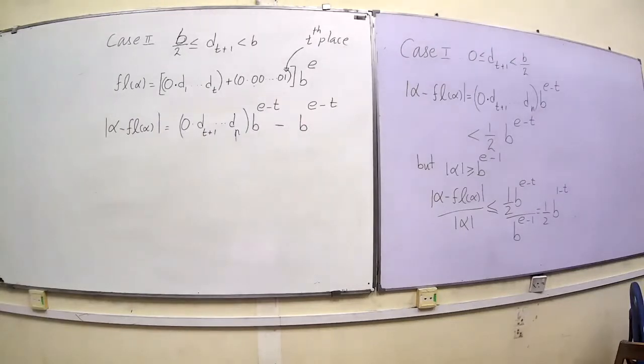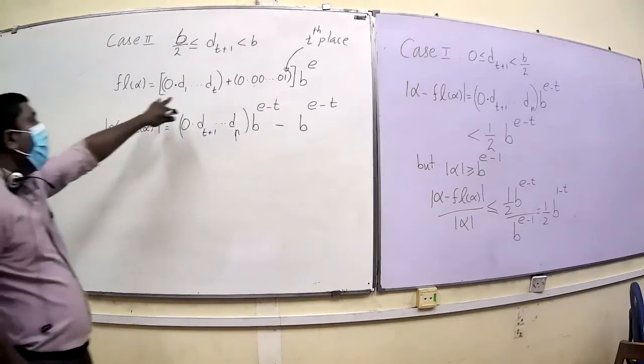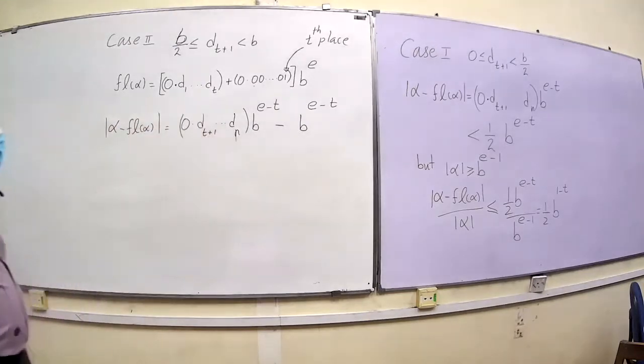Right, so if you subtract alpha minus FL of alpha, this is your FL of alpha. So from d1 up to dn, you subtract d1 up to dt, then you will get t plus 1 up to n times b to the power minus t, and there is already an e, so b to the power e minus t.